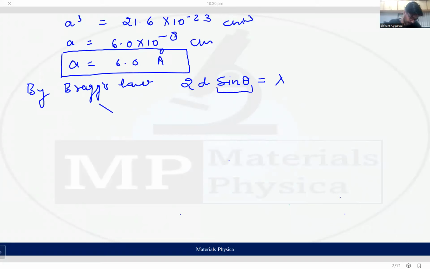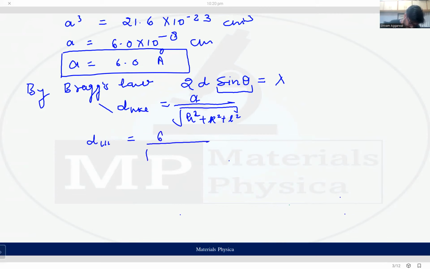And d_hkl for a cubic crystal is given by a over the square root of h square plus k square plus l square, and in the question we have d111. So the value of a is 6, and 1 square plus 1 square plus 1 square becomes 6 over root 3.